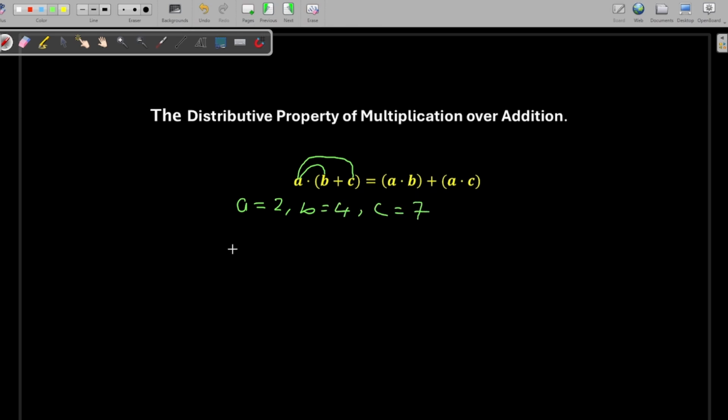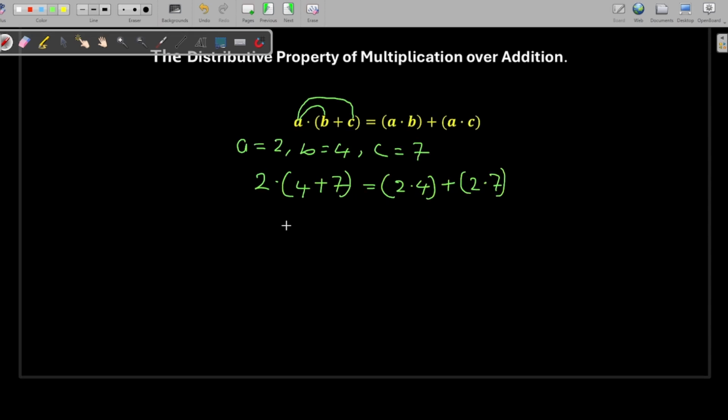So when we substitute these real numbers into this expression, we have A, which is 2, multiplied by open bracket, B is 4, plus C is 7, close the bracket. We said this is equal to open bracket, A is 2, multiplied by B, 4, close the bracket, plus open bracket A, 2, multiplied by C, 7, close the bracket.